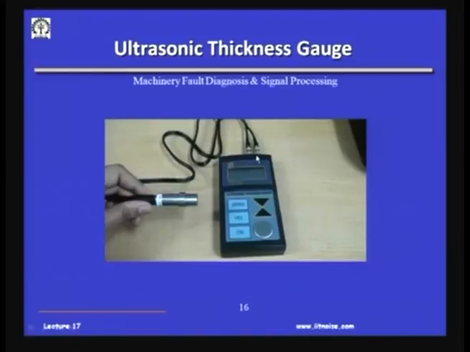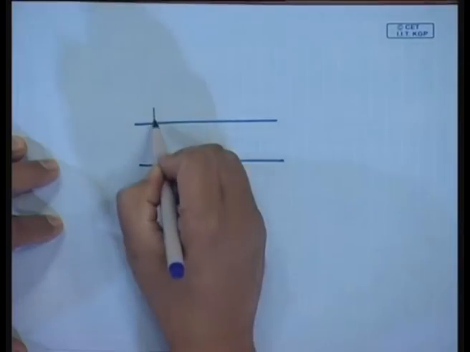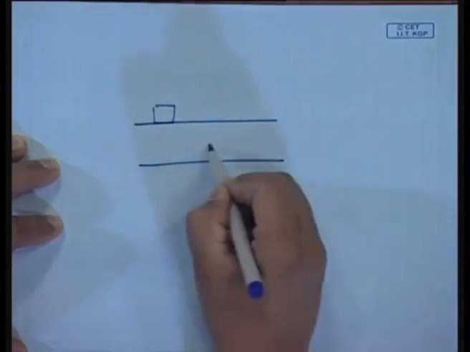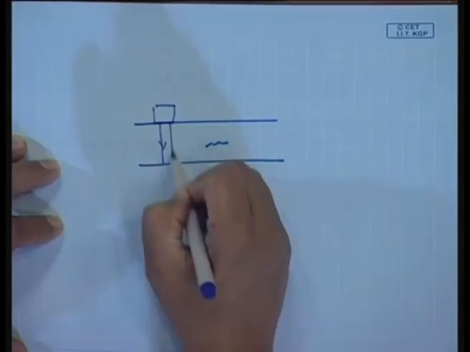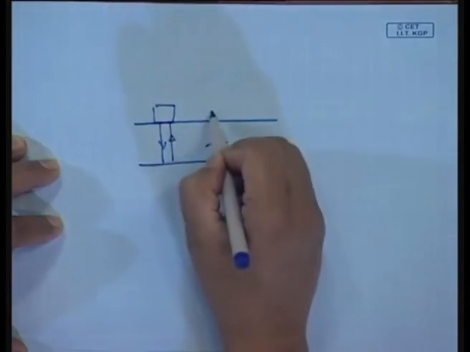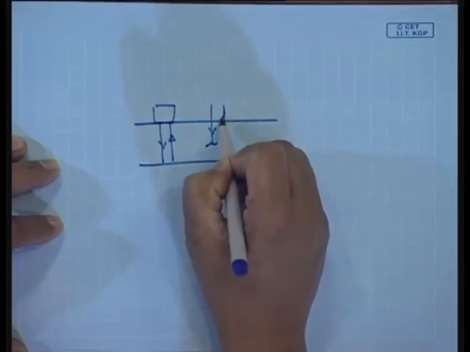Again, by knowing the time difference, and because the speed of the ultrasonic wave in the medium is set here, you know how much time it should take to cover a certain distance. If you are scanning this probe on the surface and there is a defect here, it is going to get incident and reflected from the defect.